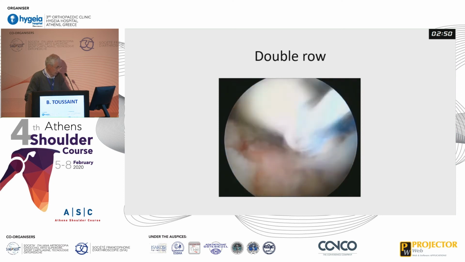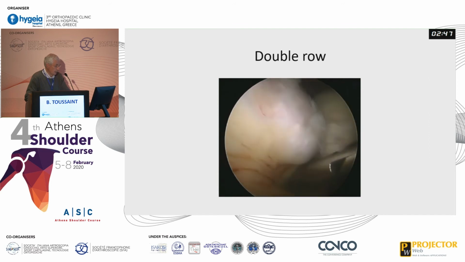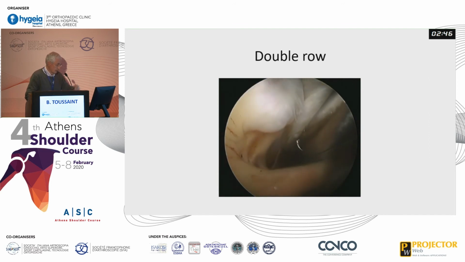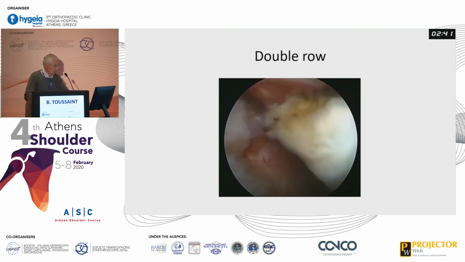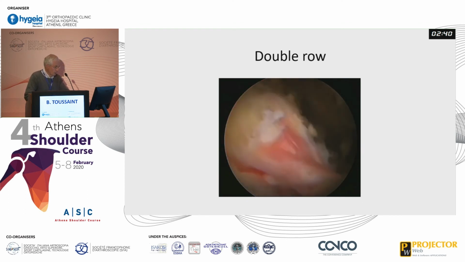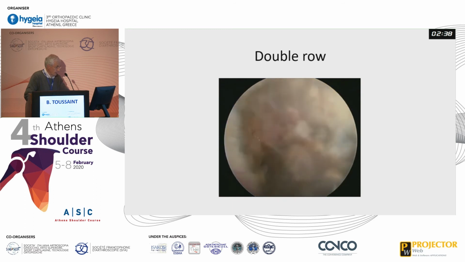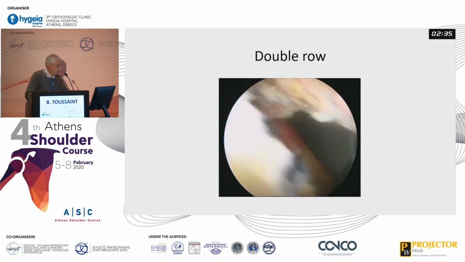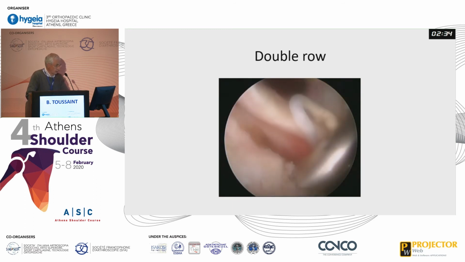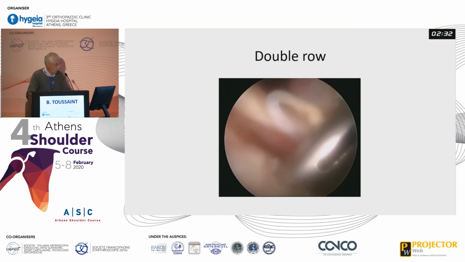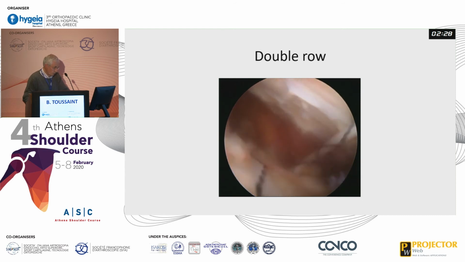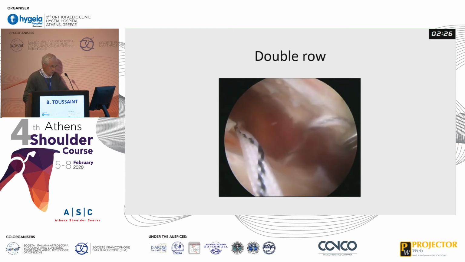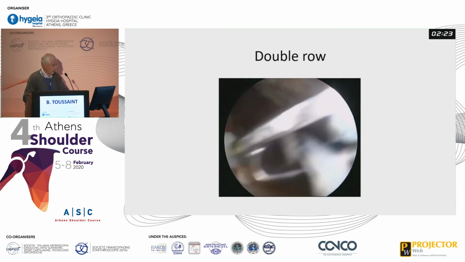You see here, the biceps groove is here, and the biceps is subluxed anteriorly, and after you can check the reducibility of the subscap, and after the release, you see the muscle fibers, and you can fix it with a double row technique. You pass two inferior sutures, and you pass two superior sutures.